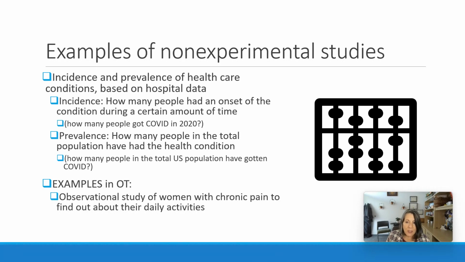So those are some things that we can look at with a non-experimental study if we have a data set that we can look at. So maybe it's retrospective, or maybe it's we find women who have chronic pain and we ask them if they will be in our study. So that would, again, be not a randomized selection. It would be a specific selection. We're going out looking for people with this issue to put them in our study.